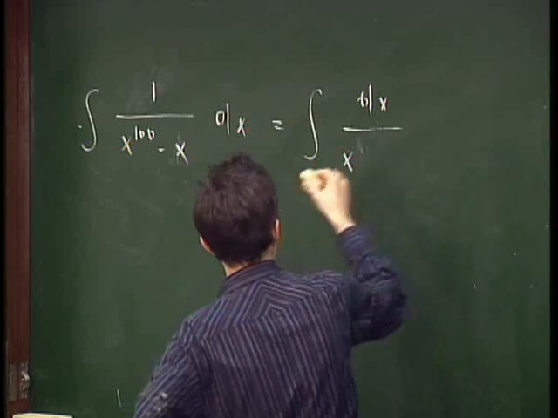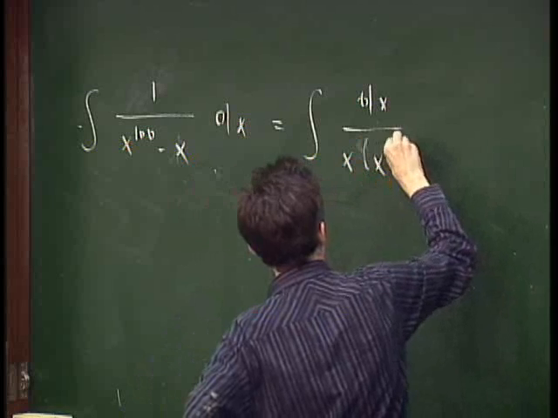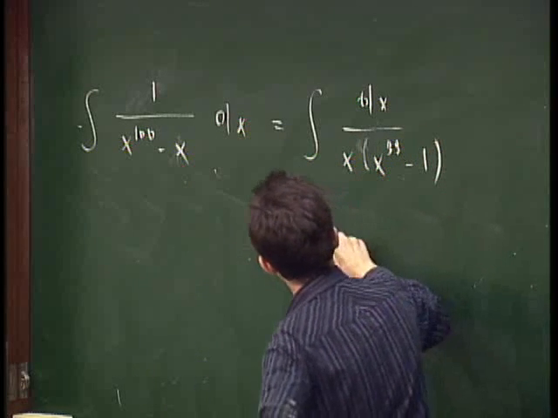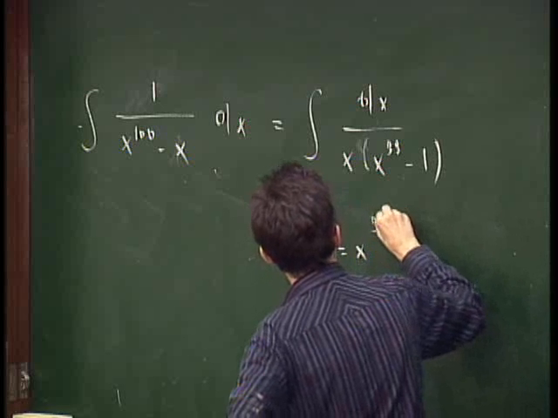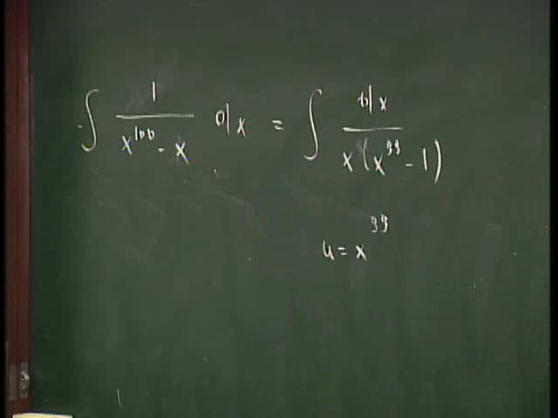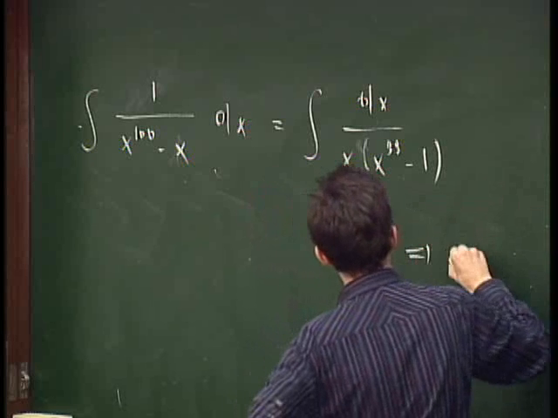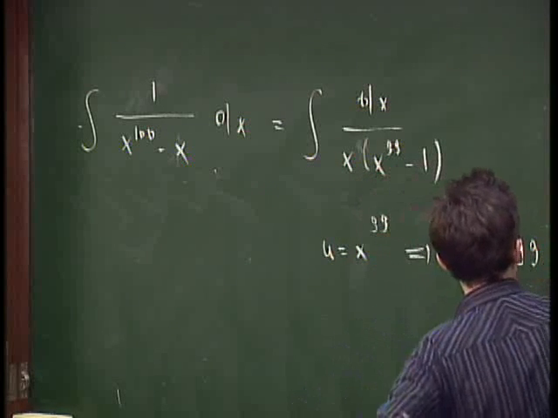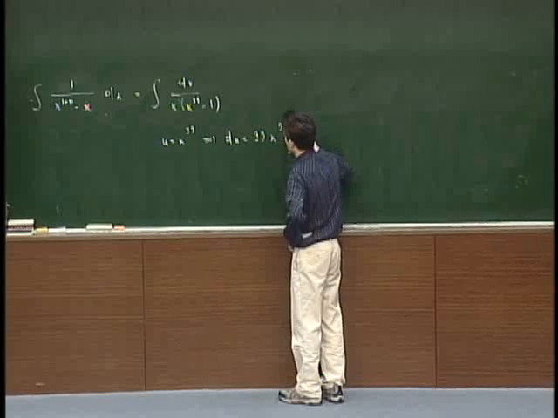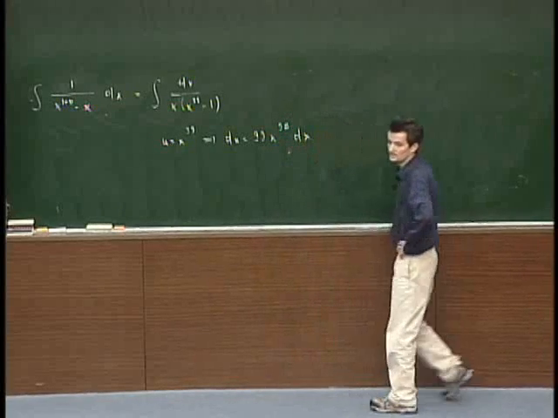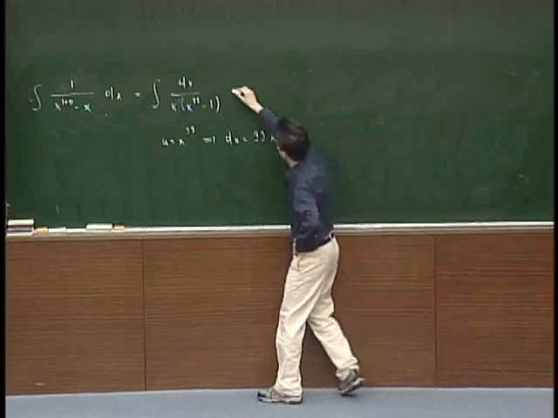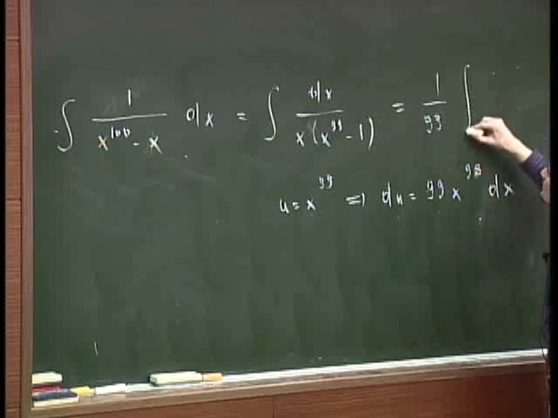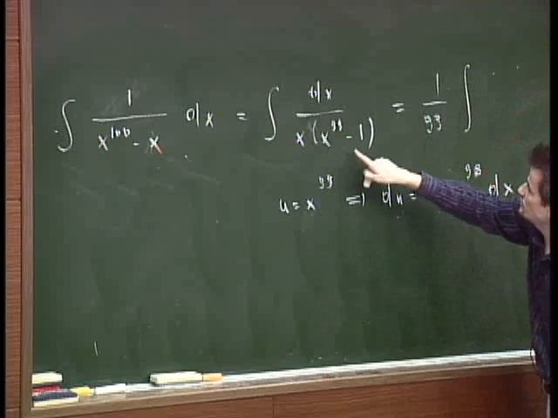You can take out the x. Now you see that if you substitute u equal to x to the 99, then du is equal to 99x to the 98 dx, and you are lucky, because you see this is 1 over 99. This one here becomes u minus 1.